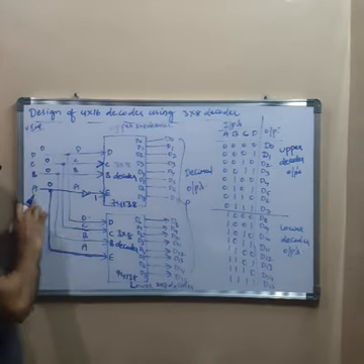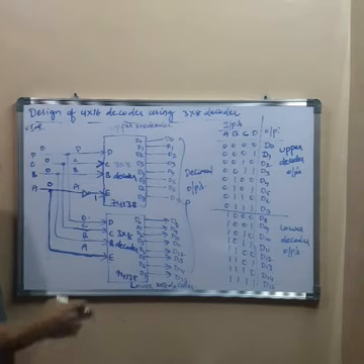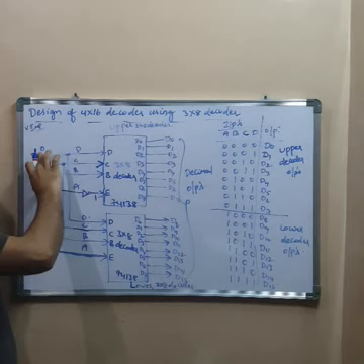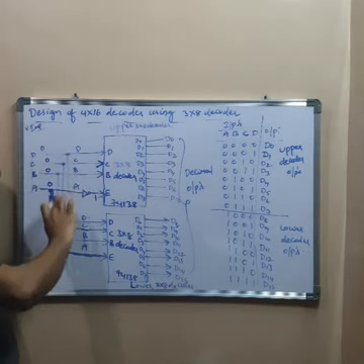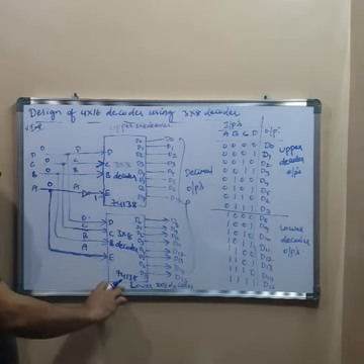I have passed, as in a 4 into 16 decoder there are 4 inputs. So I will consider this enable input as one more input, so that we will get 4 inputs, and these 4 inputs are shorted to inputs of lower decoder.